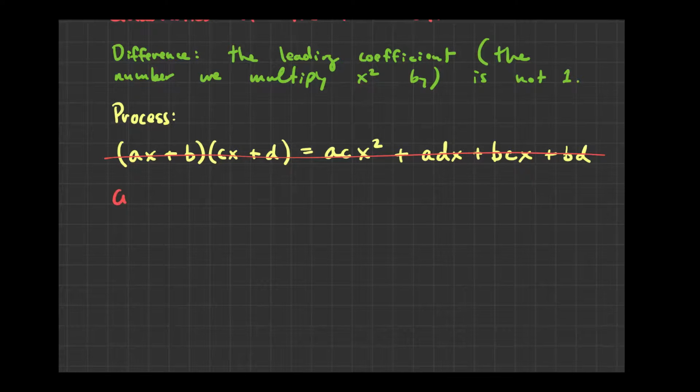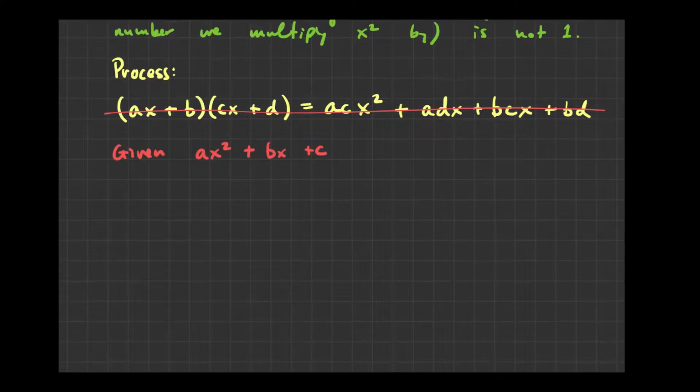So if I'm given ax squared plus bx plus c, then my step 1 is to multiply a times c.